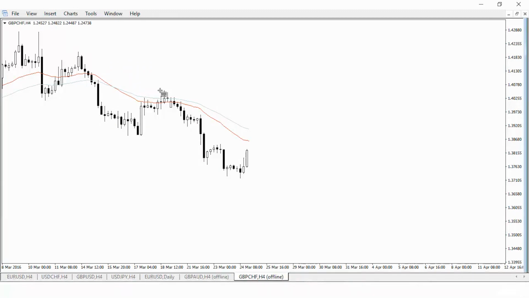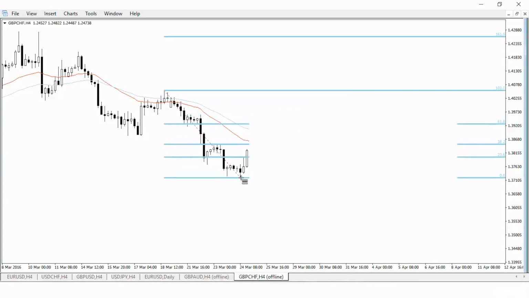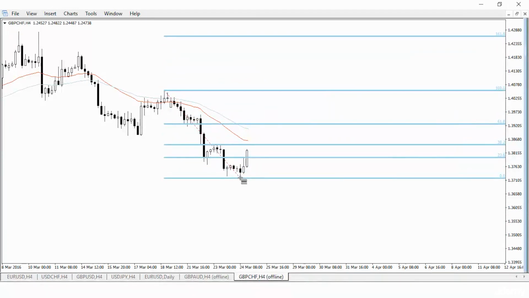So click and drag the cursor from the most recent lower high to the most recent lower low level. After we connect the swing points with the Fibonacci retracement tool, you will notice that the Fibonacci retracement levels have been placed automatically by calculating the distance of these selected swing points. So these are the Fibonacci retracement as well as Fibonacci resistance levels.